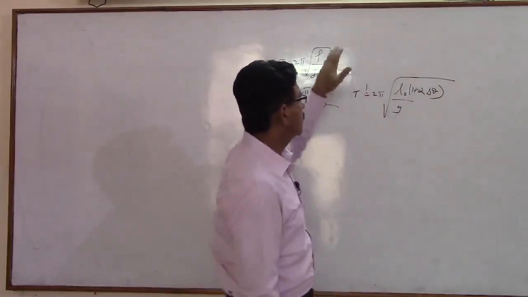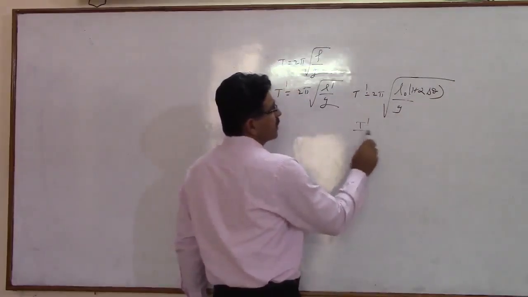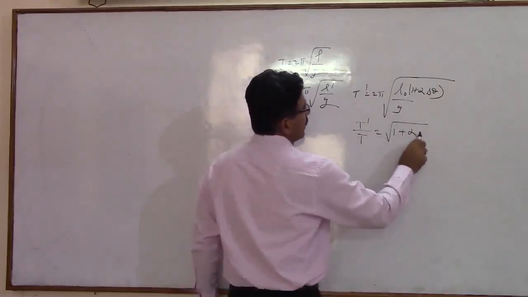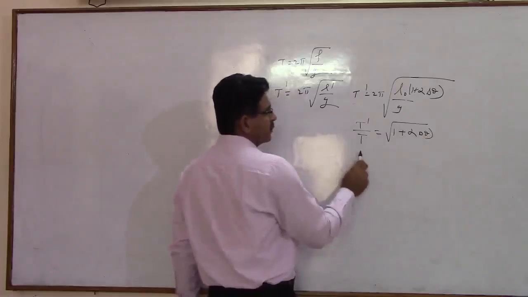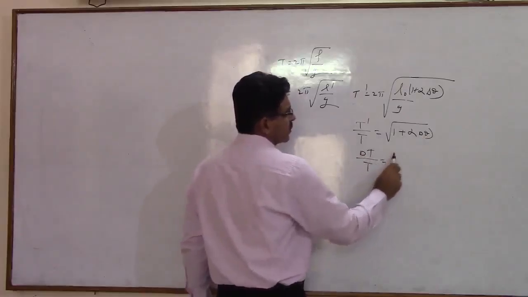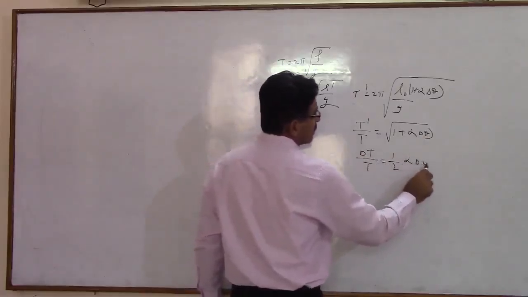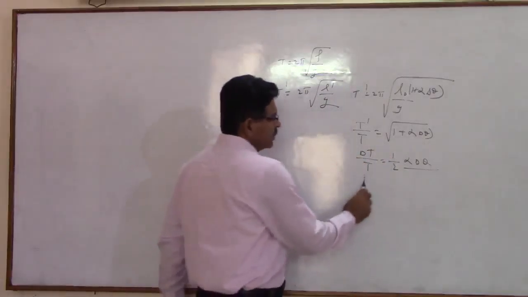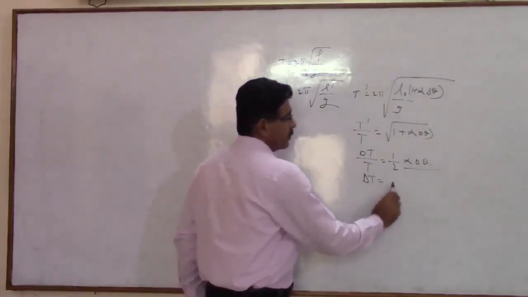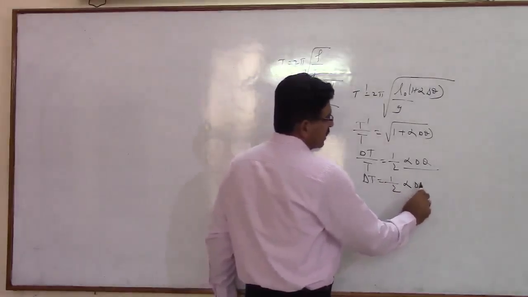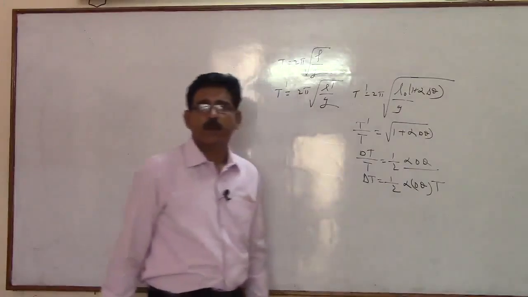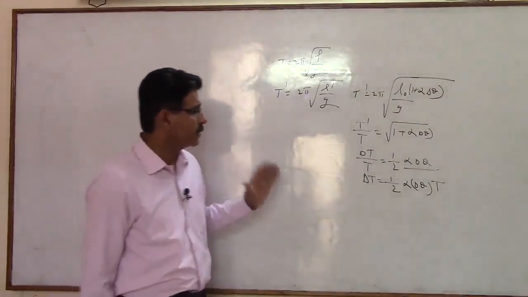This term you already know to be T, so T prime by T becomes equal to under root of 1 plus alpha delta theta, and by the binomial expression you get delta T by T is equal to 1 by 2 alpha delta theta. So we are going to use this result straight away, that is, change in time period is equal to 1 by 2 alpha delta theta into T. This is what we are going to look at.